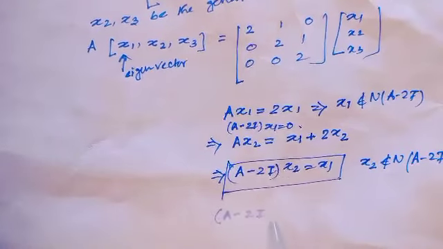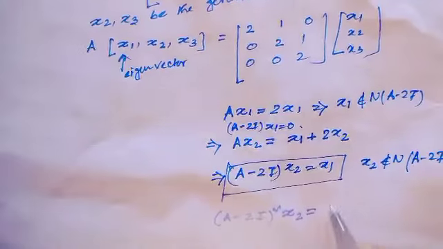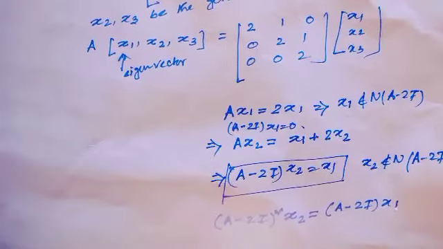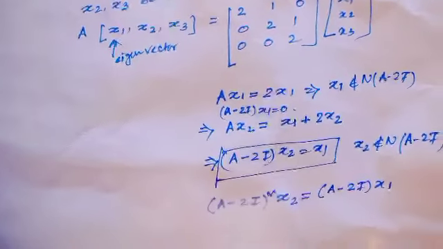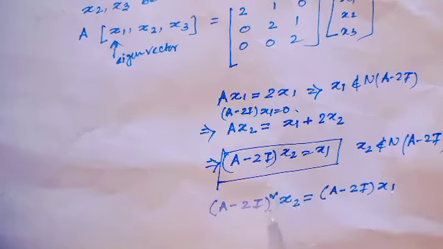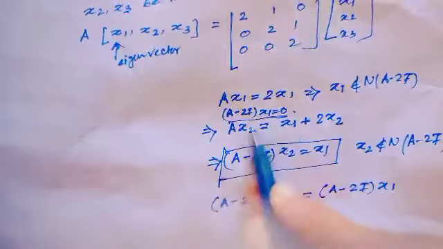Then (A minus 2I) squared times x2 equals (A minus 2I) times x1, and (A minus 2I) x1 is 0.